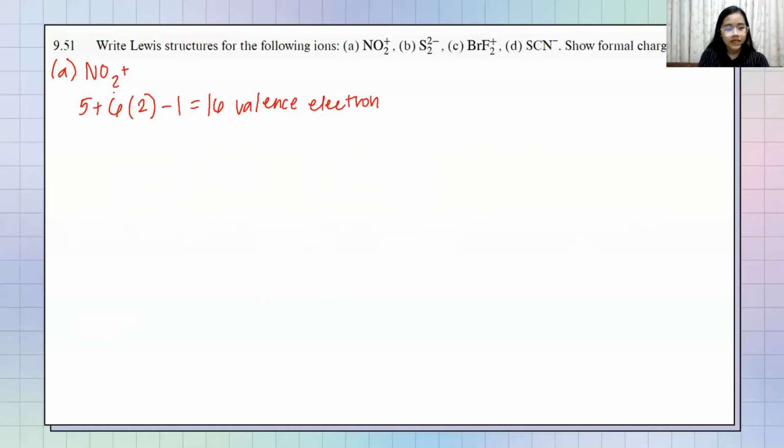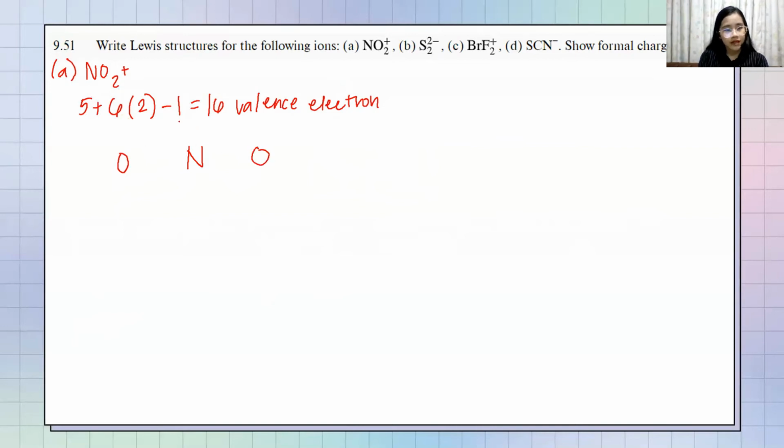Since nitrogen has the least electronegativity among them, it has to be at the center of the Lewis structure. Oxygen goes at both sides.